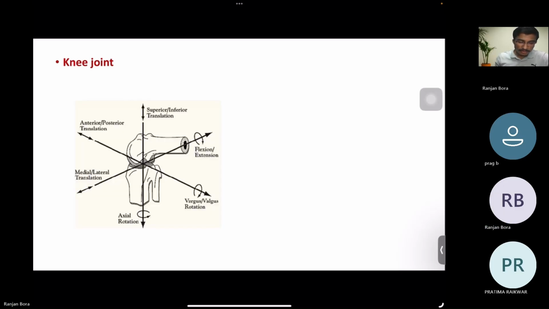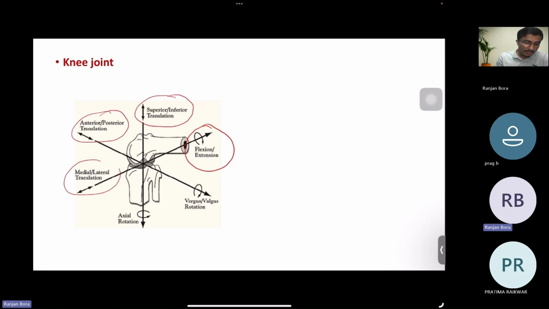So the knee joint has 6 degrees of freedom. You can see we can do this flexion extension; the dominating movement is flexion extension. It is the only one visible, the only one we can see with our eyes. The other movements of the knee joint are very small.